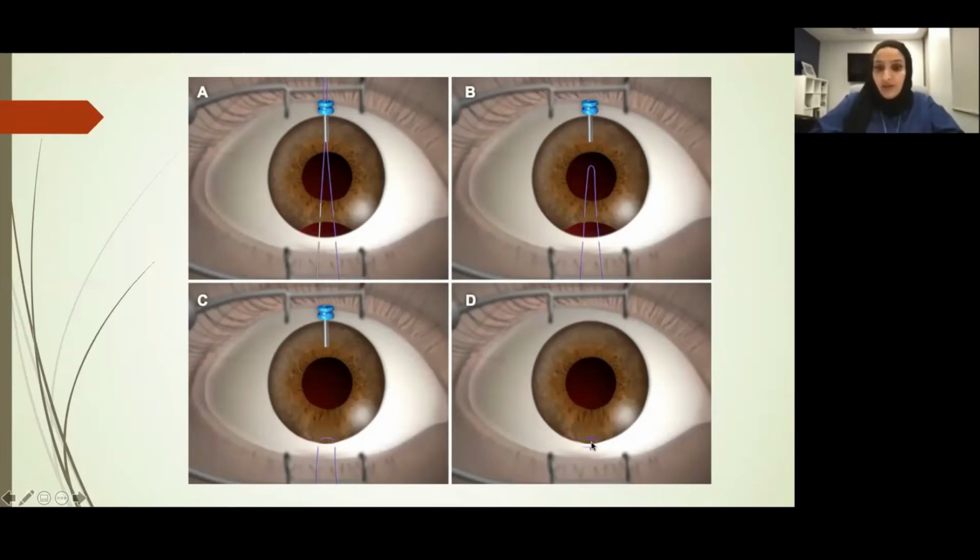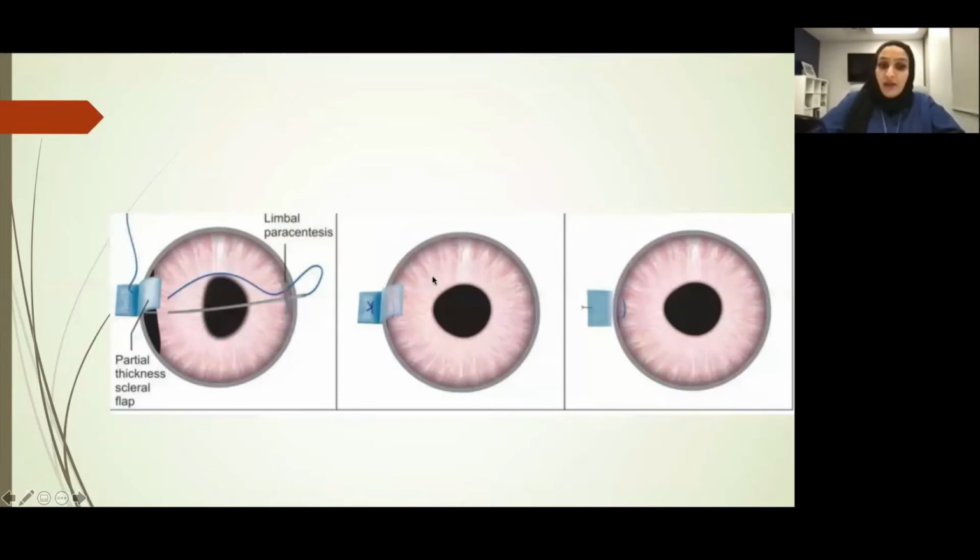Another way of doing this is the traditional way of doing the iridodialysis repair, where we make a partial thickness scleral flap, and then use a double arm Prolene suture with a very similar technique, coming from 180 degrees away and then going in. This flap is really good because it covers the knot that we're going to tie here, as you can see, and this is tied with 10-0 nylon.